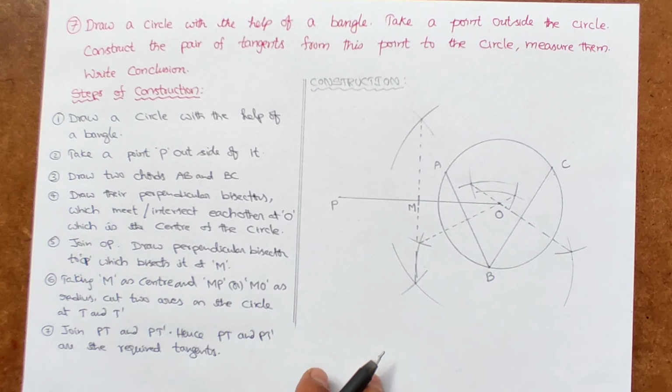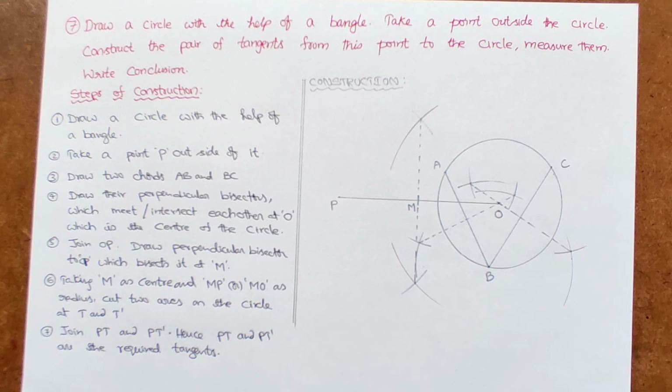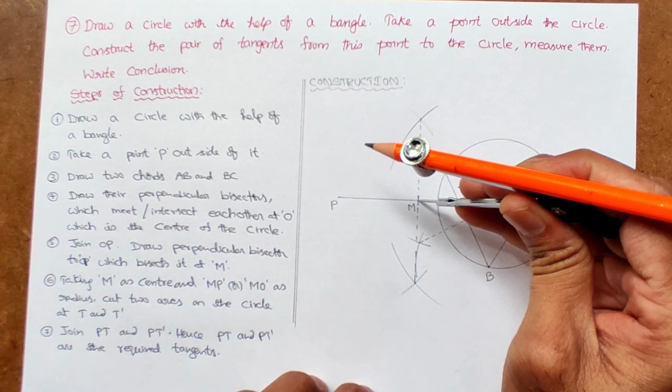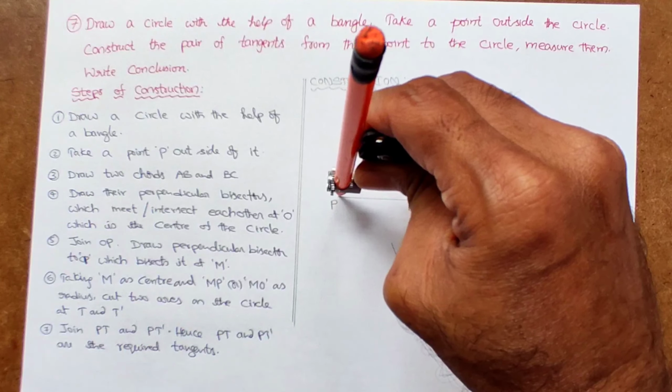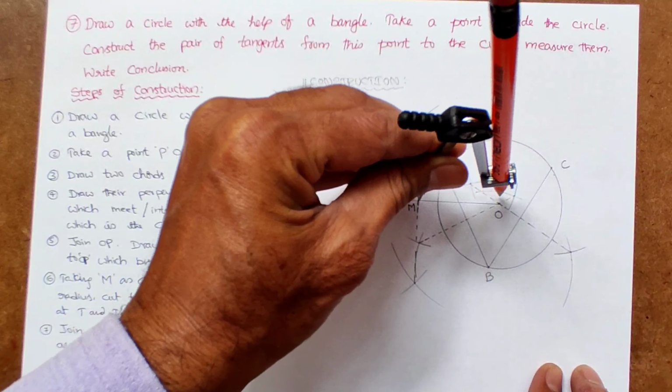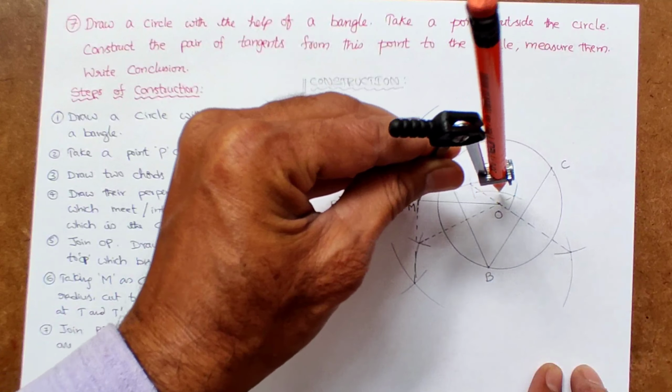So here, taking M as center and radius either PM or MO. See, I am taking M as center. Here I measured PM, or you can take it as MO also, both are equal. So taking M as center, let us cut two arcs on the circle.